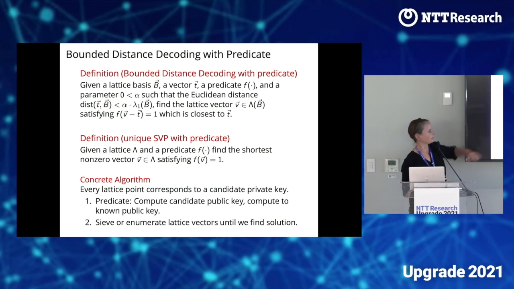So concretely, in our particular application, every lattice point corresponds to a candidate private key, and our predicate is: compute the candidate public key and compare it to the known public key. In order to solve this problem, we will sieve or enumerate lattice vectors until we find one of these where the predicate evaluates true, and that will be our solution.